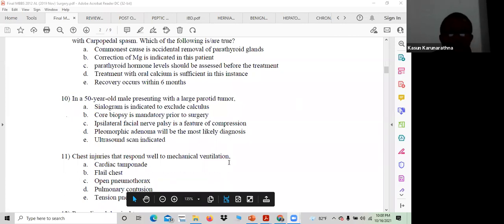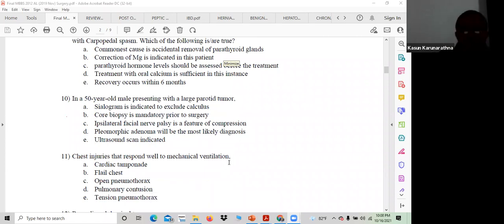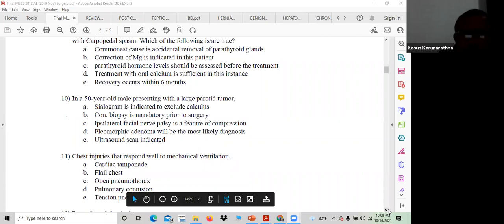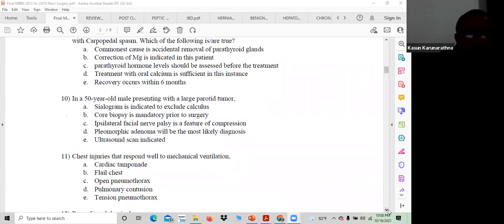That is the dose. If they don't respond, you can repeat, right? You can't exclude calculus by taking an X-ray or doing an ultrasound scan. You don't have to do sialogram always. If you suspect a stone within the duct and you are going to intervene, then you can do sialogram.